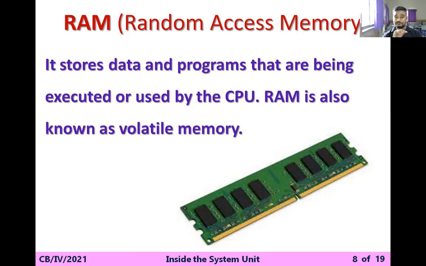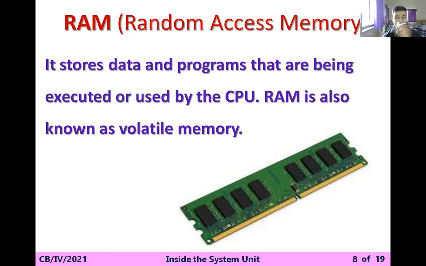And if you have not saved that file and suddenly the power goes off, the file does not come back again. Why? Because random access memory, or RAM, stores your files temporarily, only for some time, and that is why it is also called volatile memory.